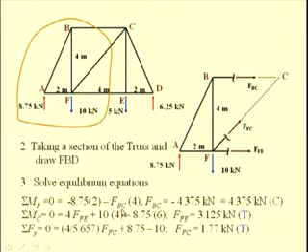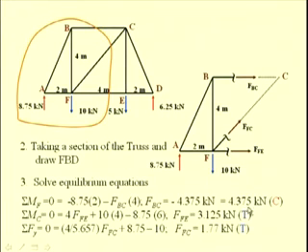So, we have minus FBC, and the moment arm is 4 meters. So, we have minus FBC times 4. From this equation we have the force in BC determined as minus 4.375 kilonewton. Since the answer has turned out to be negative, our original assumption that the member is in tension is wrong, and actually the member is in compression. So, the force in the member BC is 4.375 kilonewtons of compressive nature.